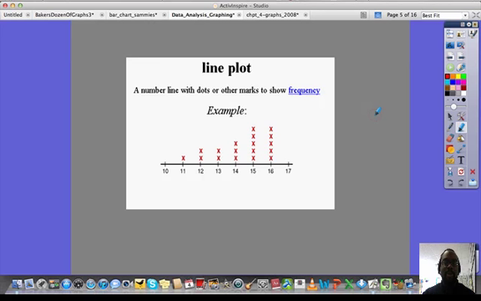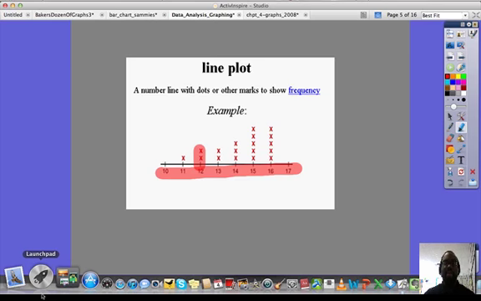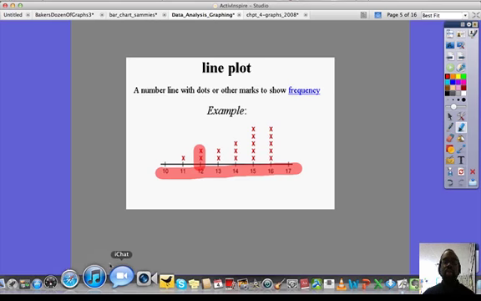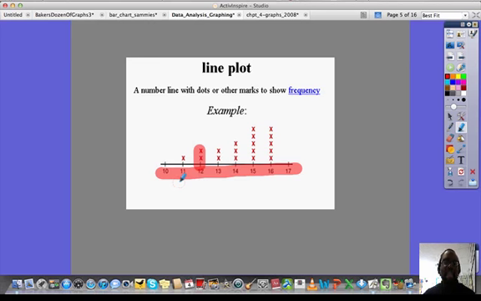Let's say that 2 people picked up 12 M&Ms. That's how you would show the frequency, or the number of times 12 M&Ms were grabbed out of the bowl. Let's say only one person grabbed 11 M&Ms, but 5 people grabbed 15 M&Ms. This is what a line plot shows.